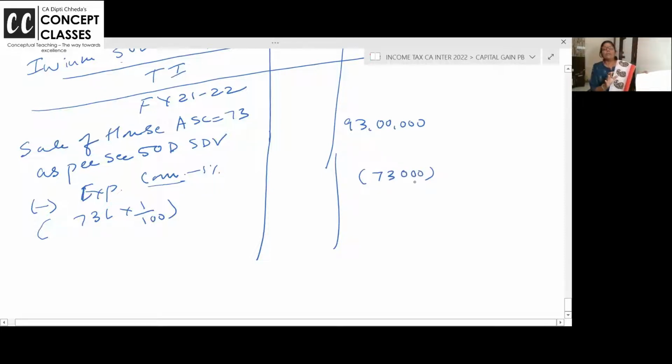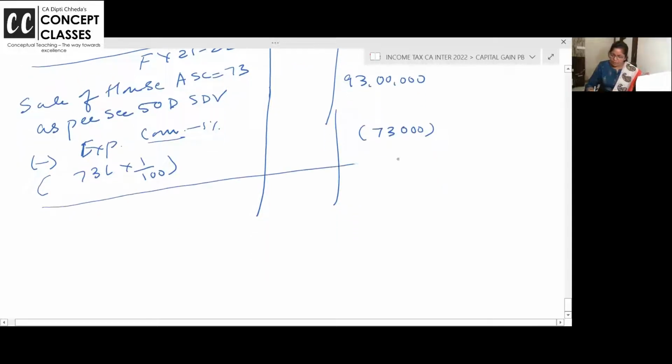Go to the house property chapter. GAV could be stamp duty, or what did we call it, municipal value or fair rent, whichever is higher, and so on. But municipal tax as a percentage, always take on the municipal value. Nice booster point. We haven't written any booster notes. Net sale consideration 92 lakhs.